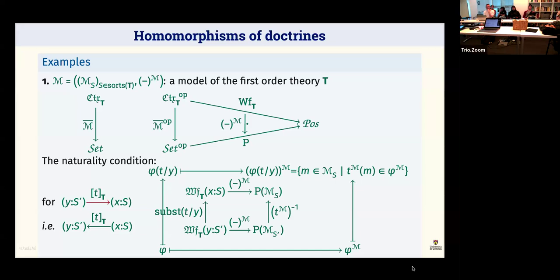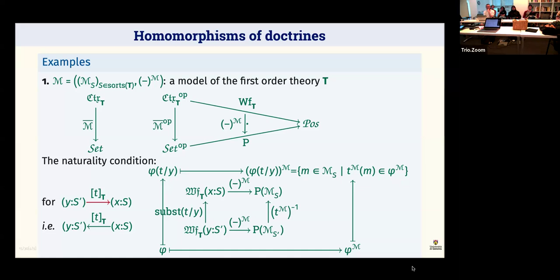And naturality has to take care of matching substitutivity on one side with inverse image on the other side. Here I've actually drawn the test one has to do for the commutative diagram.